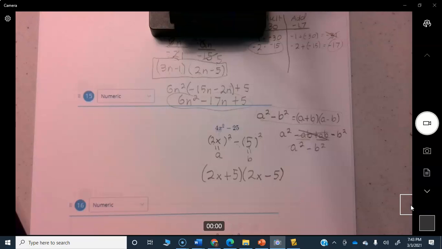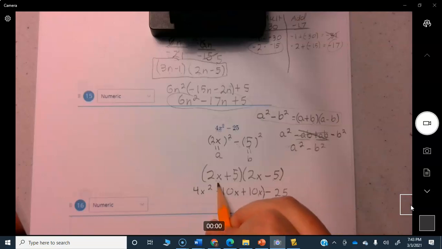And that's how you apply the difference of squares. Again, it just takes a second to FOIL it and see if it's true. 2x times 2x is 4x squared. 2x times negative 5 is negative 10x. And 5 times 2x is positive 10x. And 5 times negative 5 is negative 25.